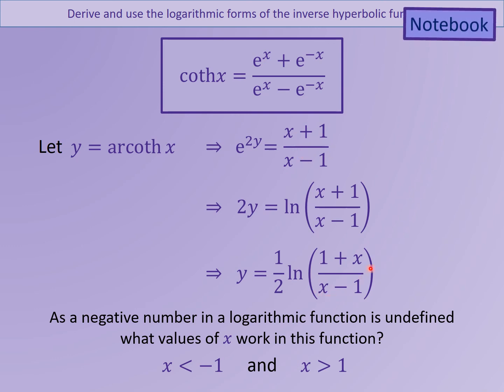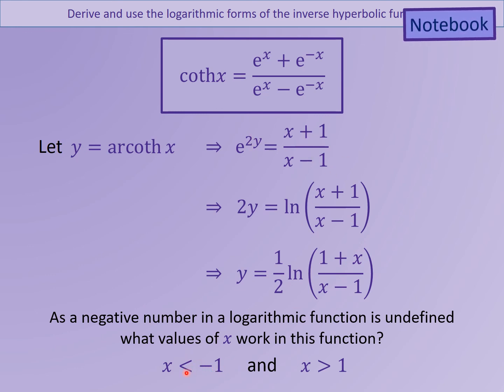What about less than -1? Well, that would be bad, because this is negative, let's say it's -1 here, -1 minus 1 is going to be -2, but the top part will be 0. That bit's okay, it's not negative, but remember the ln function can't equal 0, or an exponential function can't equal 0.